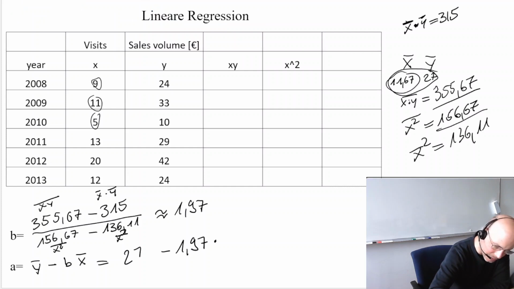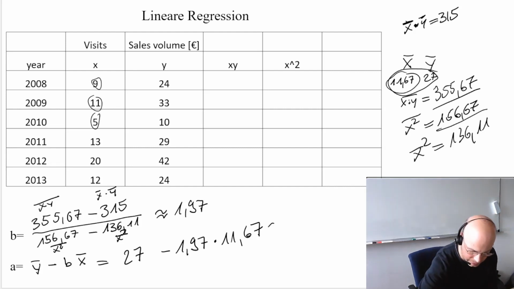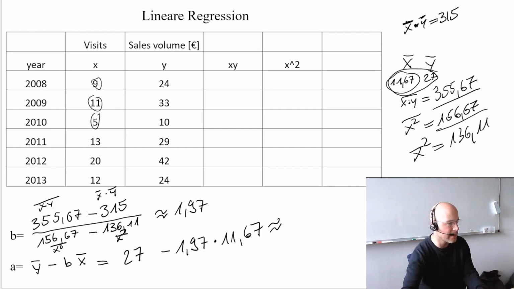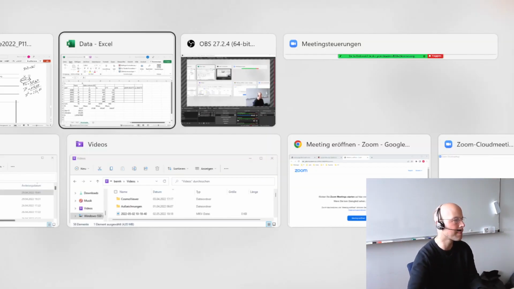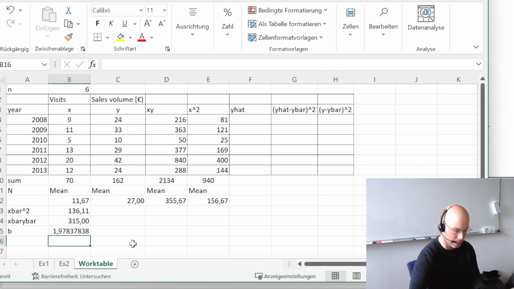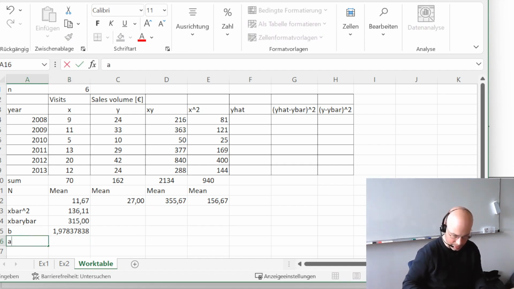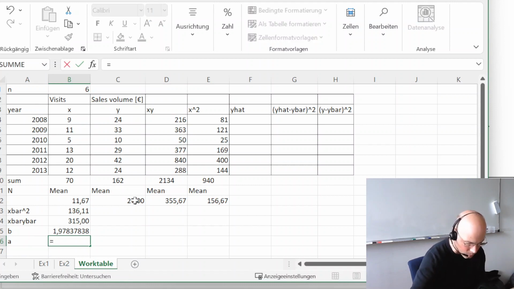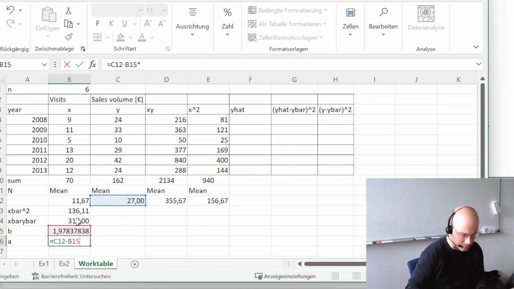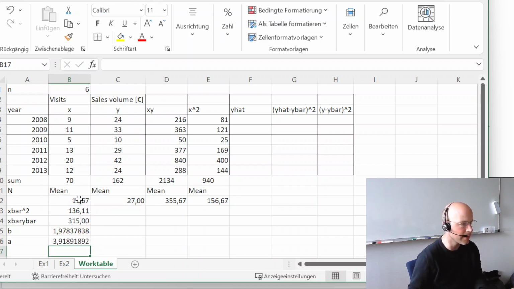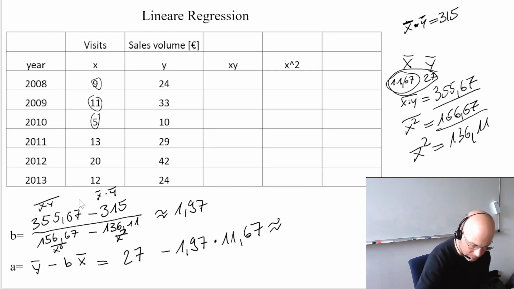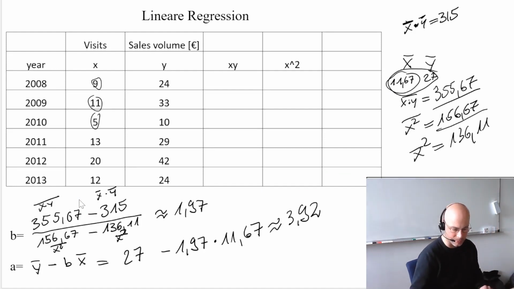Y bar is 27 and X bar is 11.67, so A equals Y bar, 27, minus b times X bar, and this is 3.92.